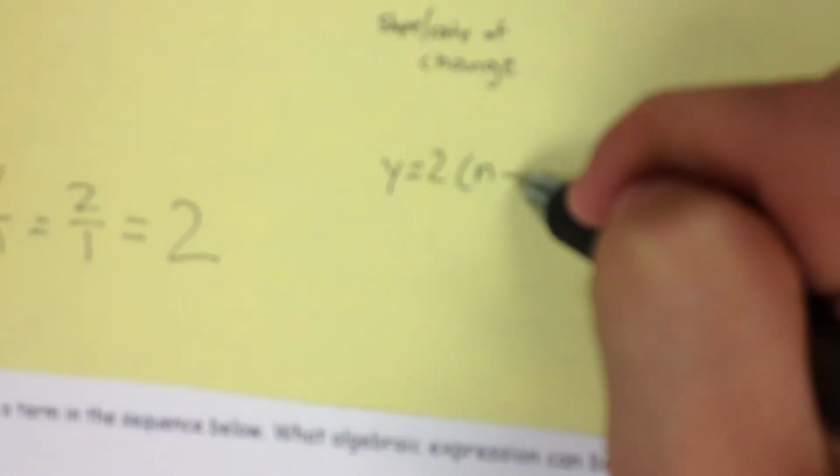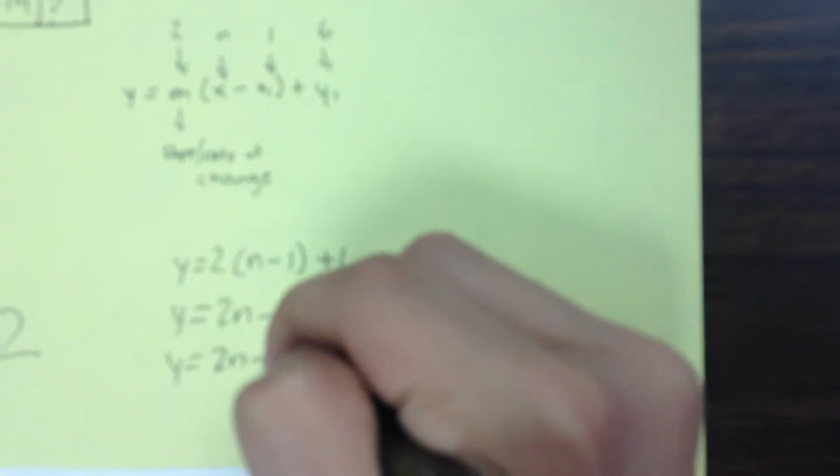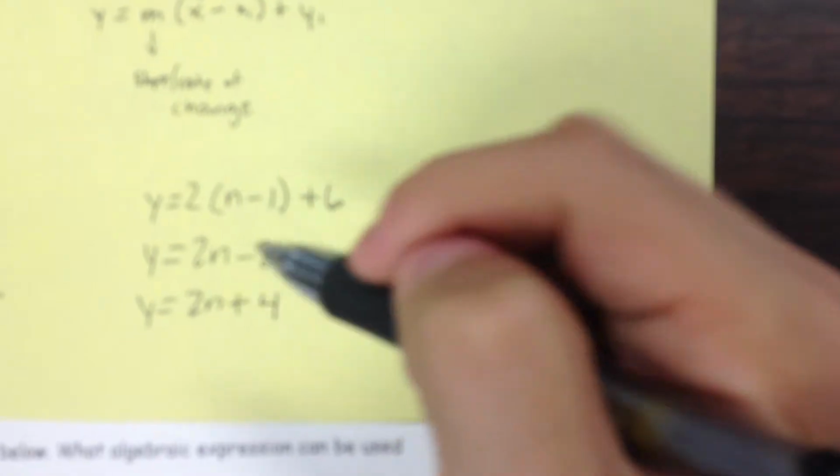Right here, the coordinates are 1, 6. So for x1 you would plug in 1, and for y1 you would plug in 6. So the equation would be y equals 2 times n minus 1, plus 6. You have to simplify this, which will be y equals 2n minus 2 plus 6, and eventually y equals 2n plus 4.